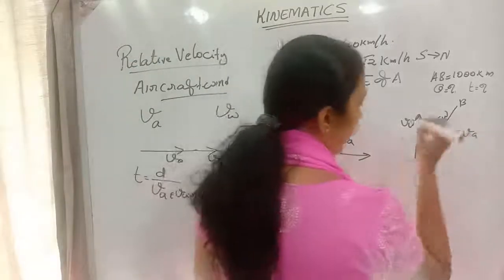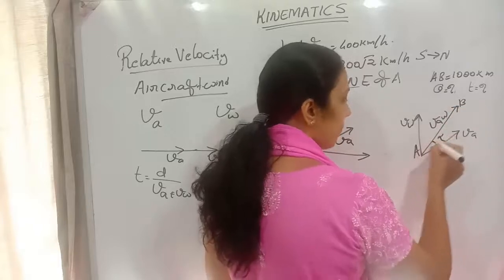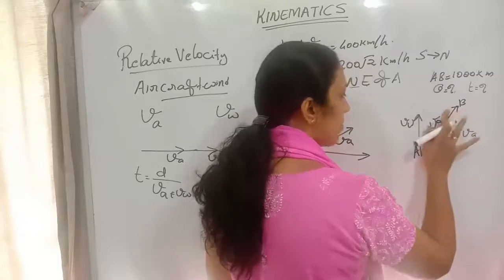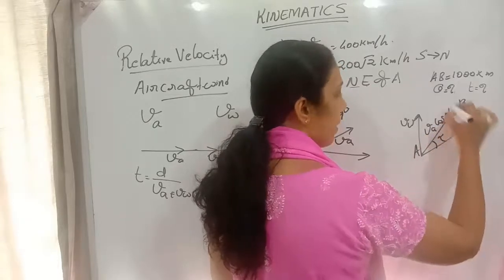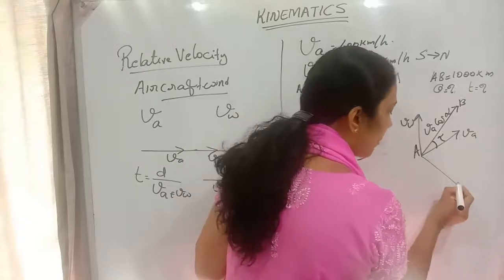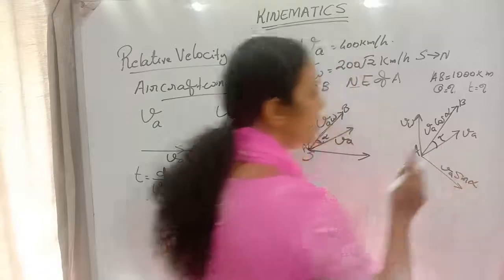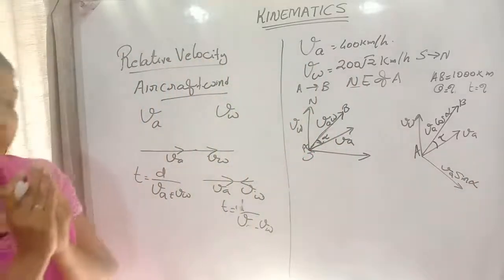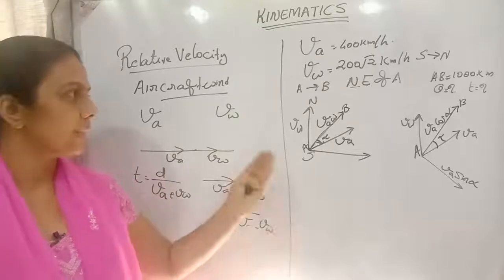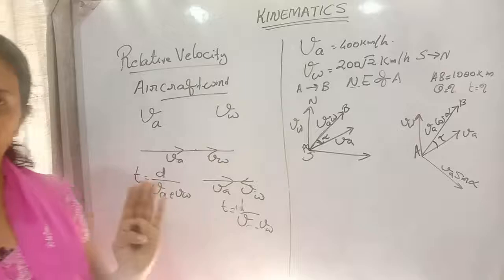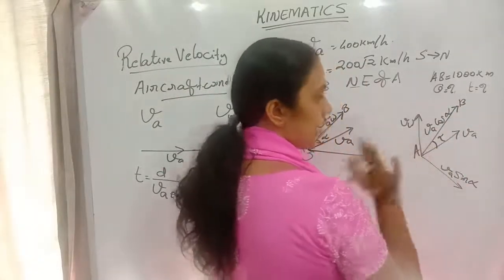For VA, if I make two components, with this angle alpha, one component I can write as VA cos alpha. The perpendicular component will be VA sin alpha. So I am dividing the velocity of the aircraft into components, because its direction is also given.